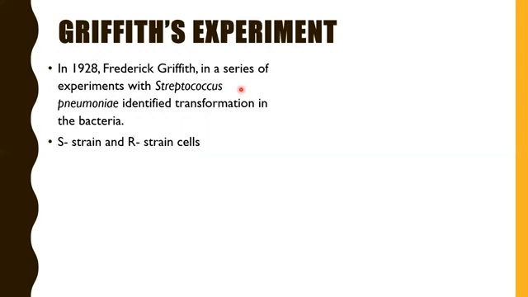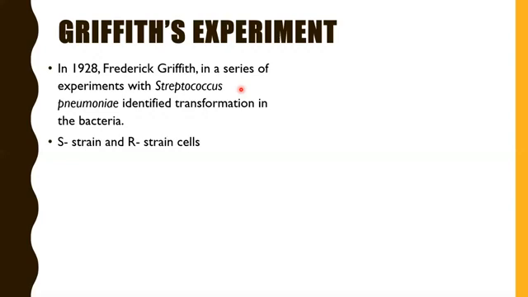Encapsulated means the cell wall is externally covered by an additional protective layer called a capsule. S strain cells are pathogenic, but R strains or rough strains are non-pathogenic because they are not externally covered by the protective layer, so they can be easily destroyed by the immune system of the host cells.